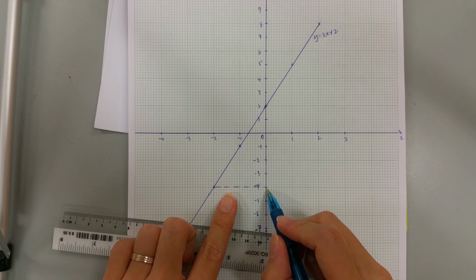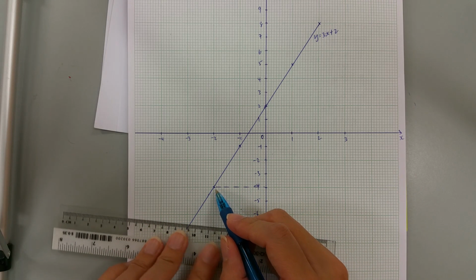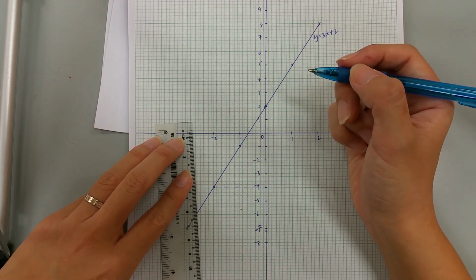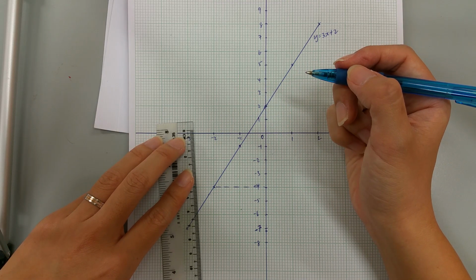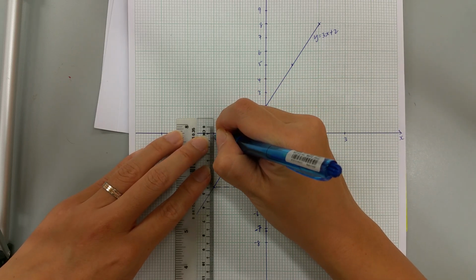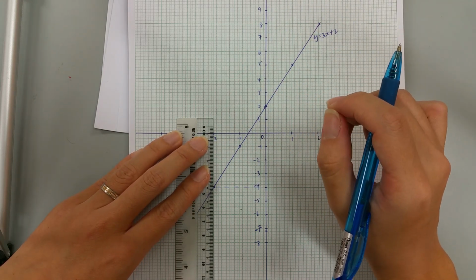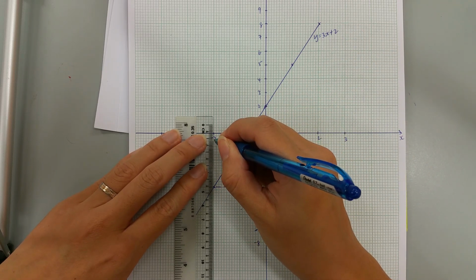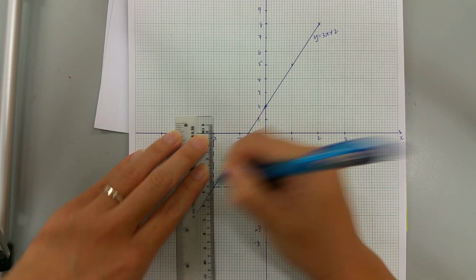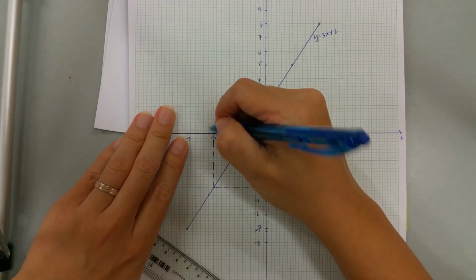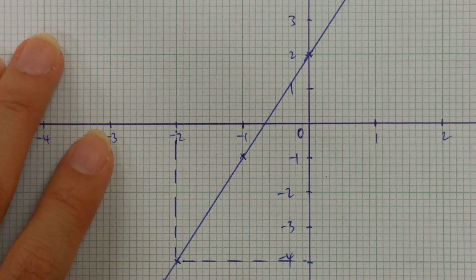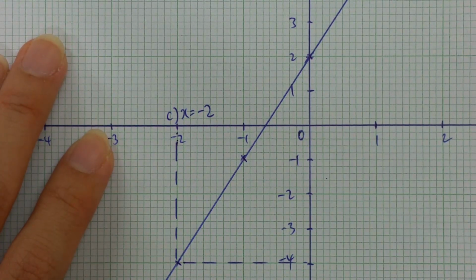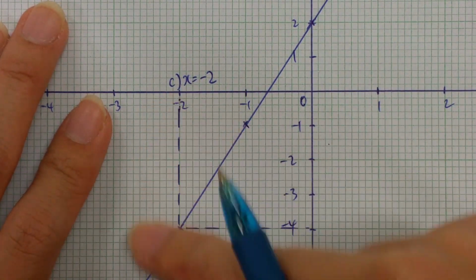So draw from y equals to -4 a dotted line to this point, and then go up and find the value of x. This is quite funny because we have actually found it in the first place, haven't we? So you will have x equals to -2. And over here you have to note down, this is for C. C, x equals to -2. So with the dotted lines, these are your working.